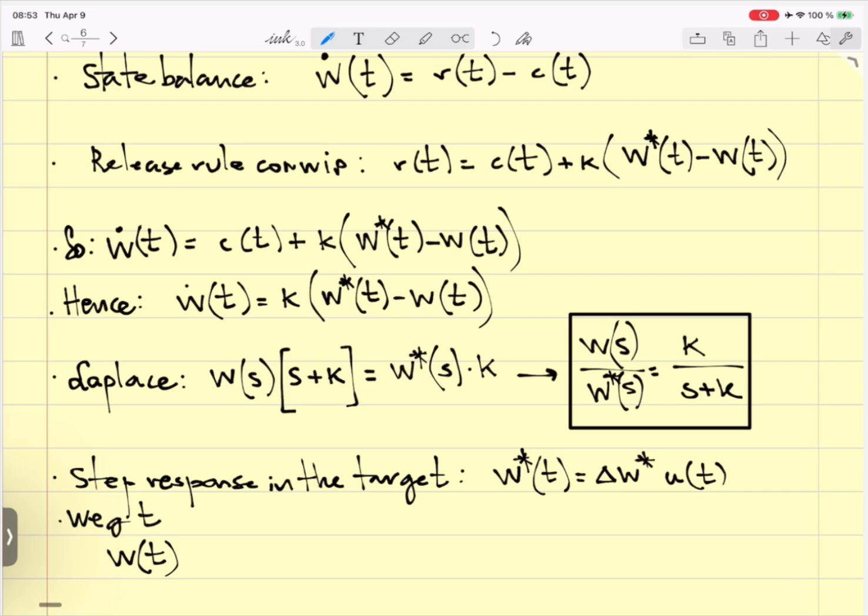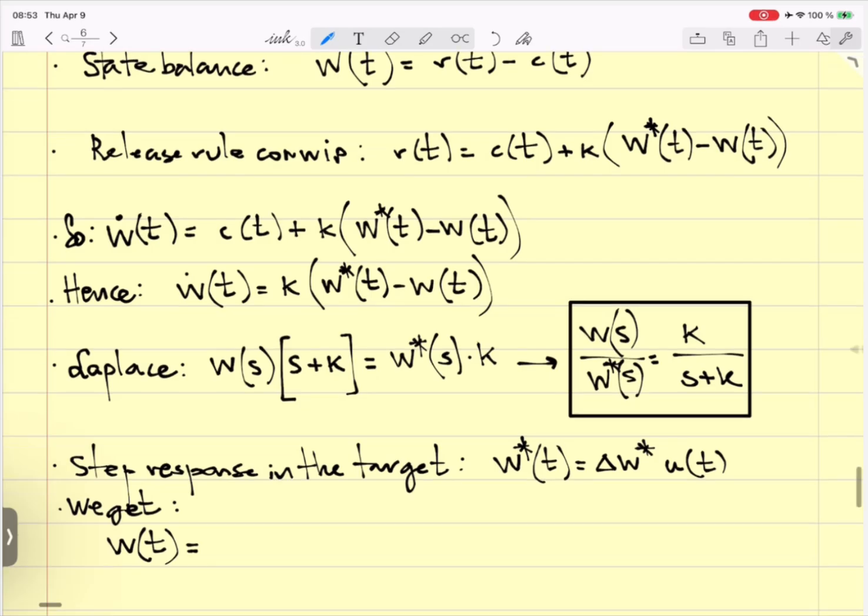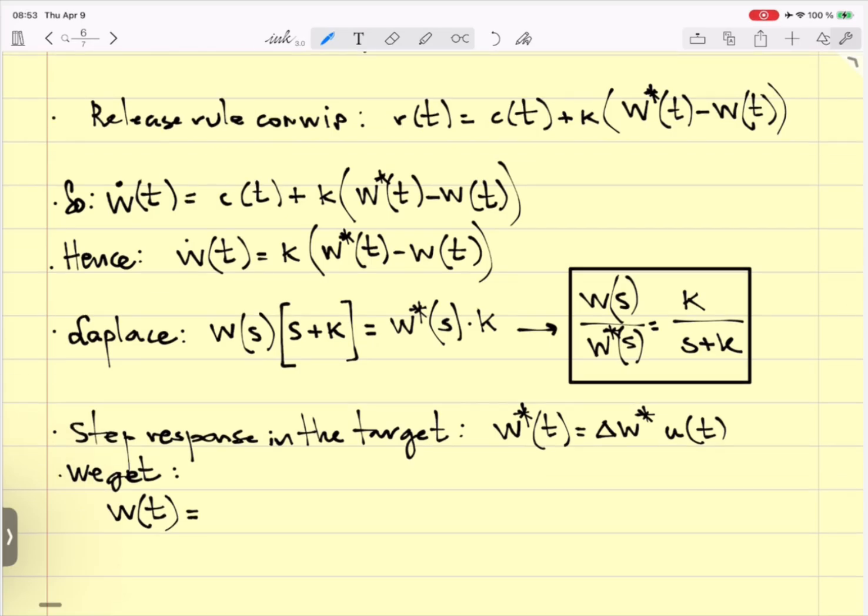After applying our Laplace inverse transform, some delta, and then 1 minus e to minus kt.